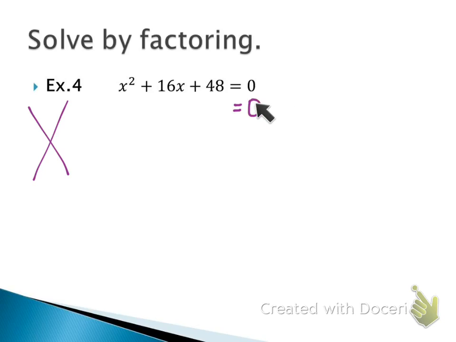So we kind of don't use the 0 when we do this. We write down the equals 0, but it does not have anything to do with how we factor it. Does that make sense? Okay, what number is going in my top? 48. What number is going in the bottom? 16. So I need 2 numbers that multiply to 48, add up to 16.